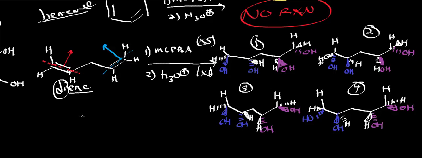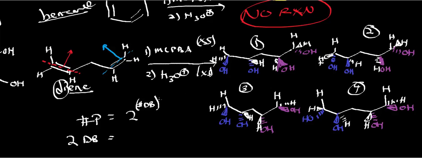The number of products that I should get, theoretically, and some might be easier to form than others, is 2 to the power of the number of double bonds.